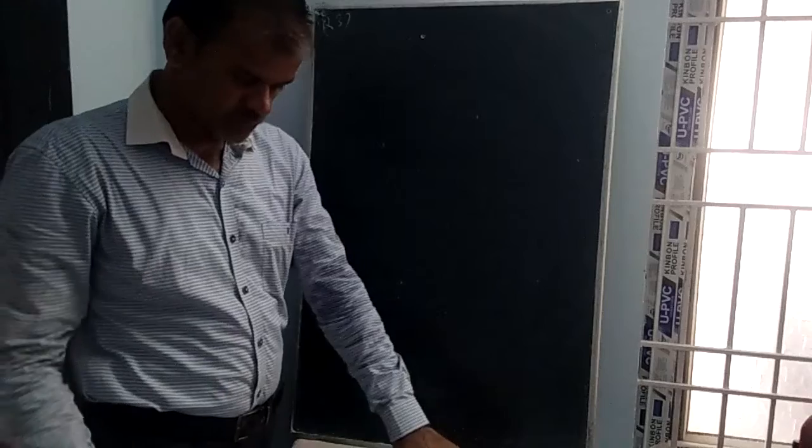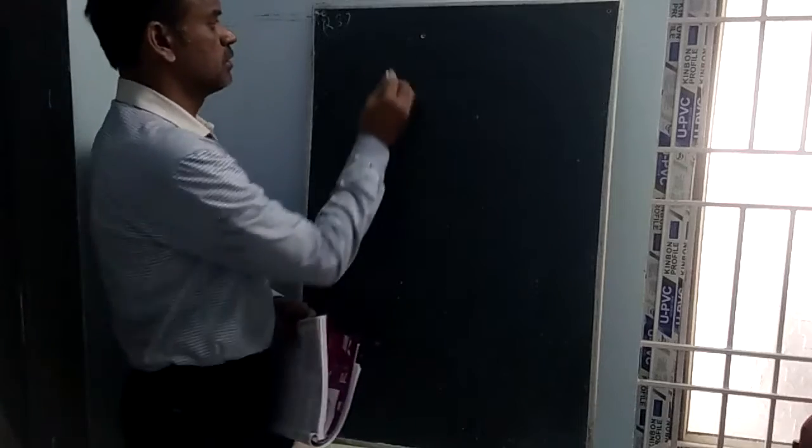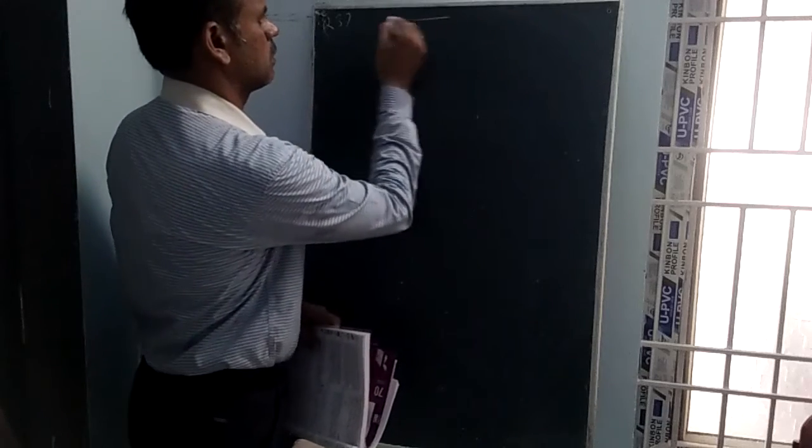Question 23. ABCD is a trapezium such that AB and CD are parallel and BC is perpendicular to CD. Let us draw the diagram.